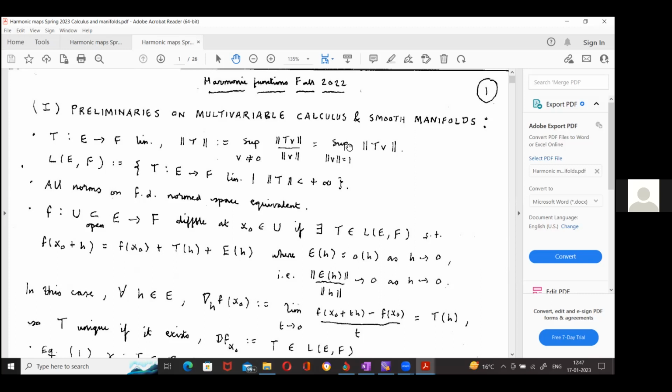So this supremum is the same as the supremum over the unit sphere, norm v equal to 1, of norm of Tv. Then we say that a linear map between normed vector spaces is bounded if its operator norm is finite, so this maximum stretching is finite. And then we define the space L(E,F) to be the space of bounded linear maps from E to F.